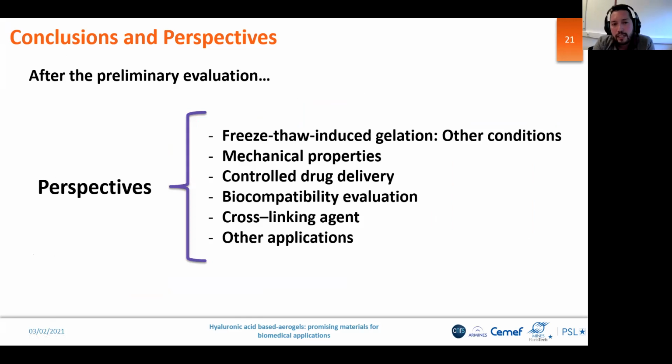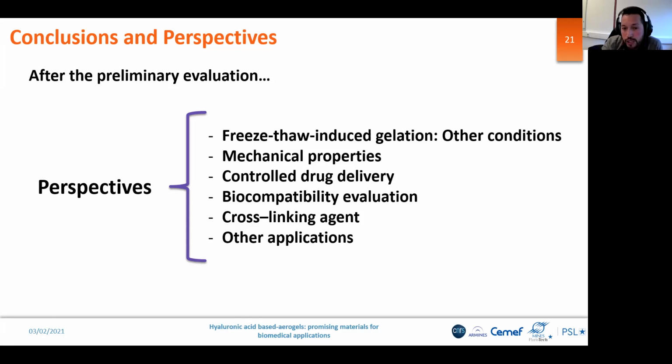Well, in terms of the perspectives, like I said at the beginning, this was a preliminary evaluation, so the perspectives are huge. The first one is to continue studying more parameters in the second methodology, the freeze-thaw-induced gelation. We are also going to evaluate the mechanical properties of all the materials.